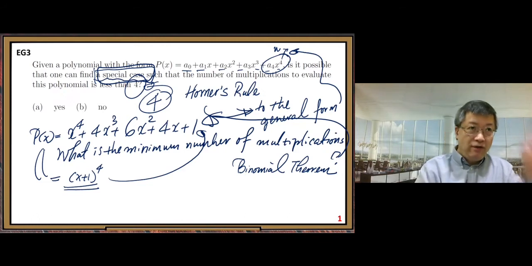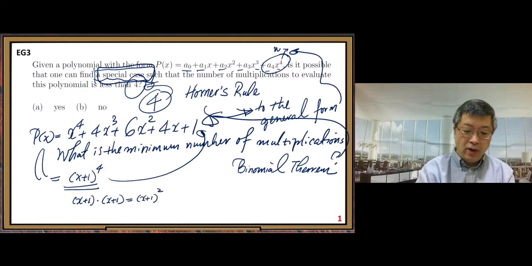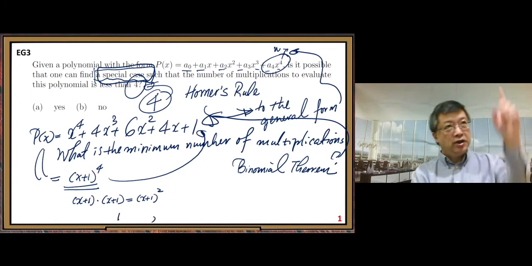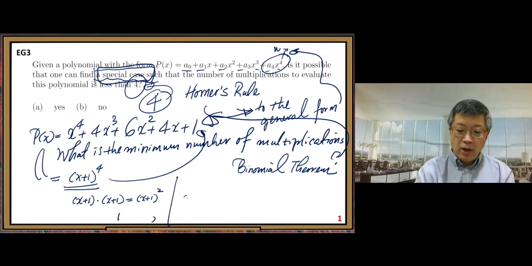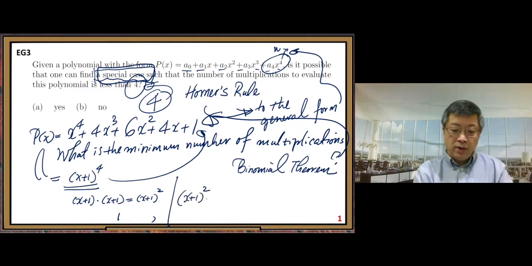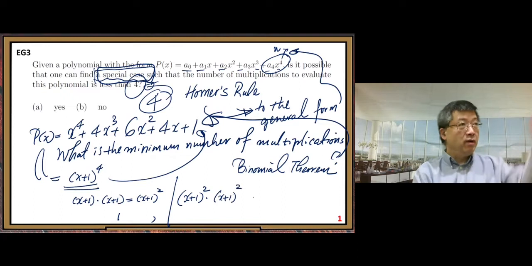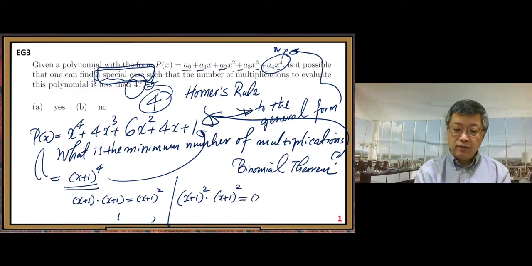First multiplication: x plus 1 times x plus 1 equals x plus 1 squared. One multiplication. Second multiplication: we take x plus 1 squared times the same number, x plus 1 squared, and we get x plus 1 to the 4th.